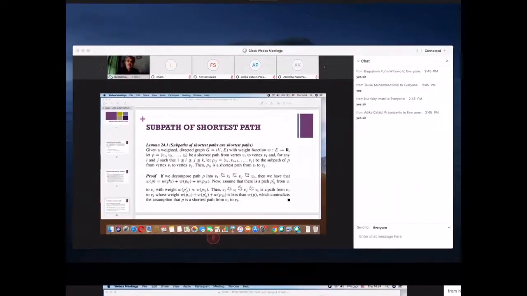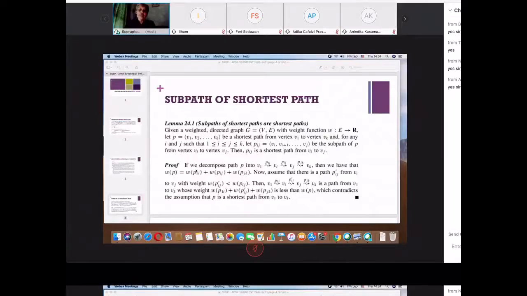For example, when we decompose path p into 3 subpaths. Let's say p1i is the first subpath from v1 to vi, and then the second subpath is p i j, starting from vi to vj, and the last path is p j k, starting from vj to vk, right?